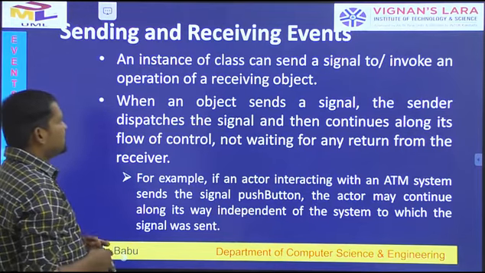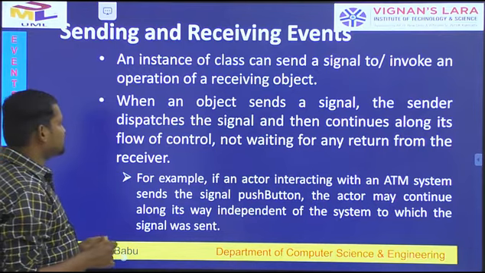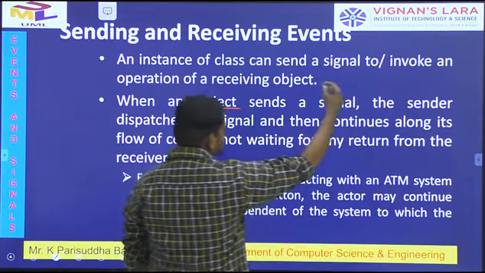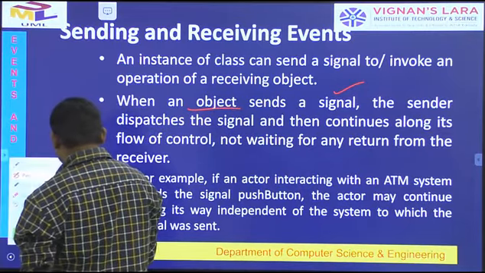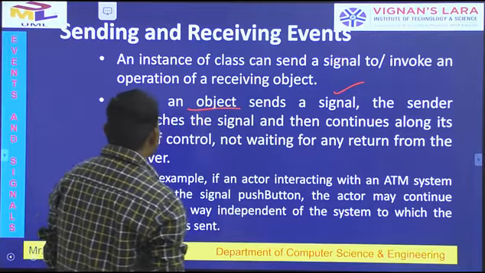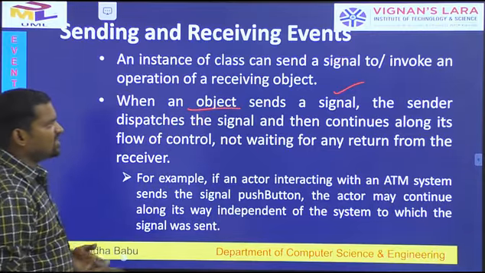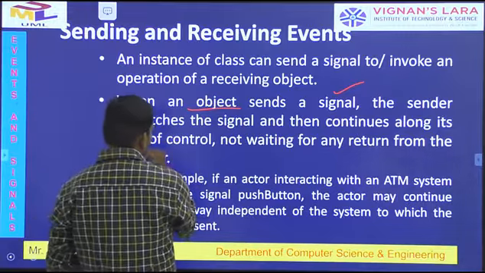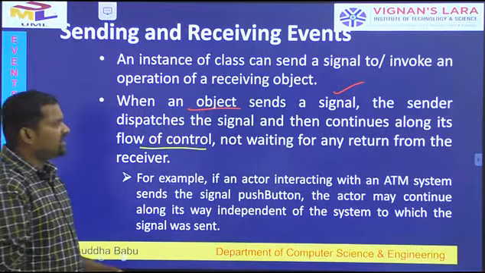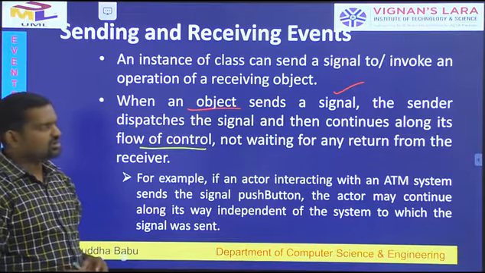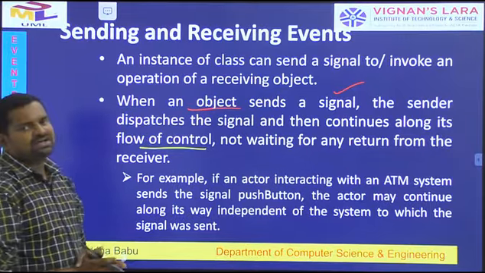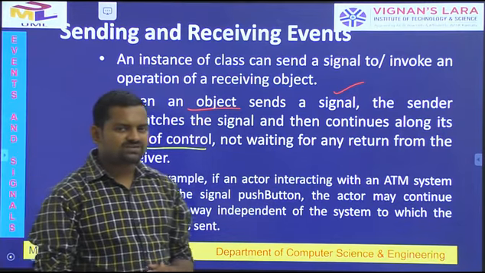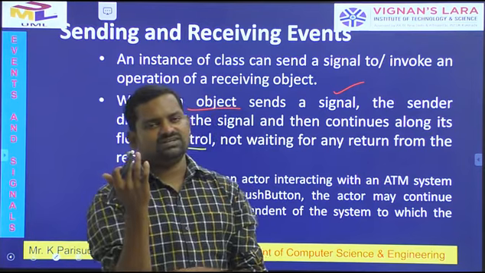Sending a signal: when an object sends a signal, the sender dispatches the signal, then continues along its flow of control, not waiting for any return from the receiver. Automatically, it sends the information.